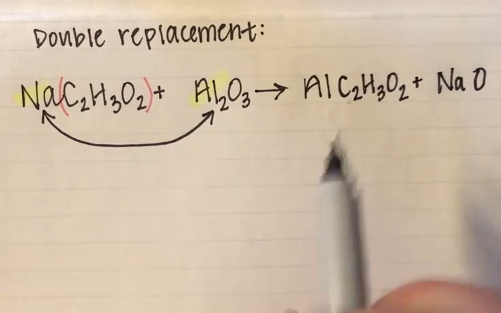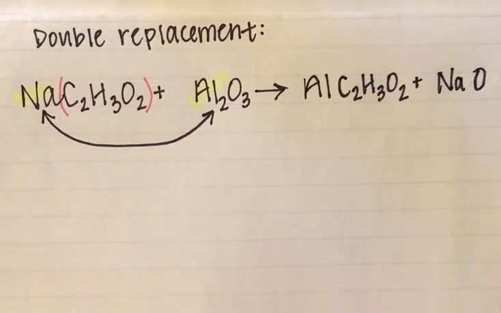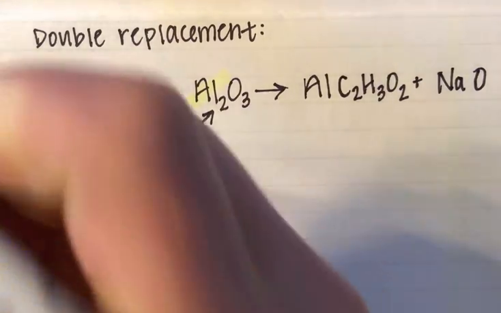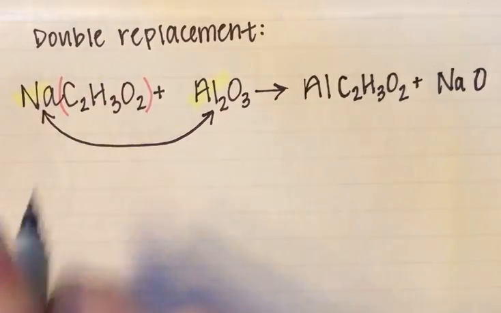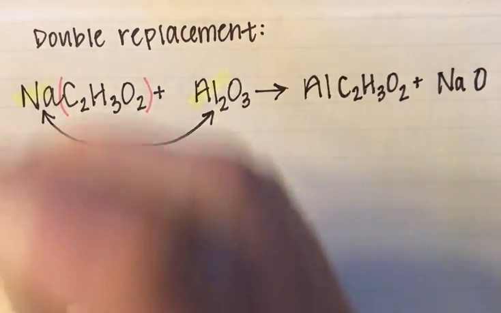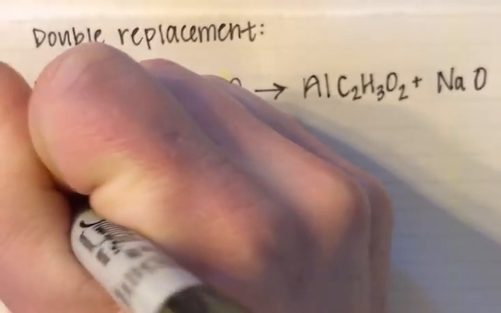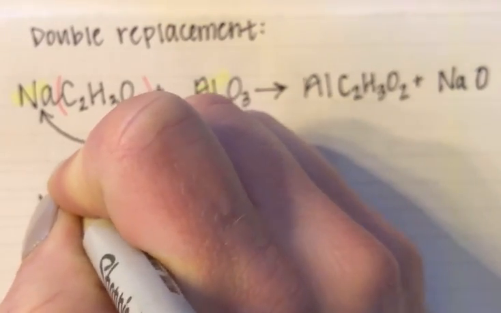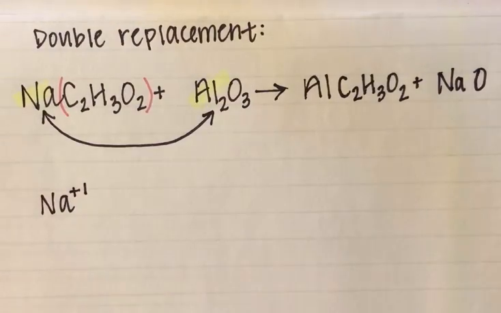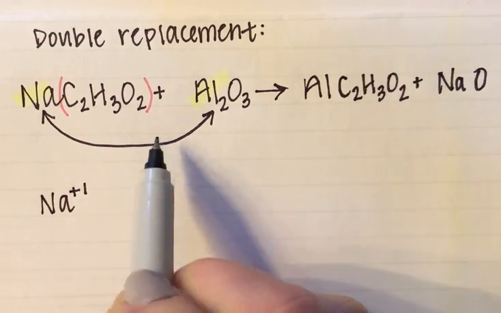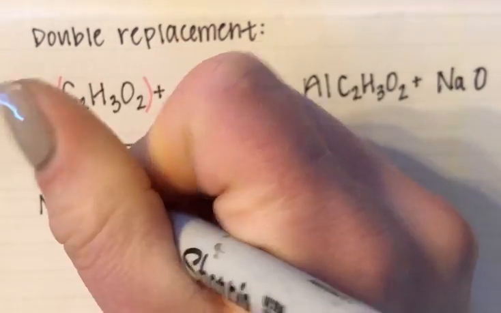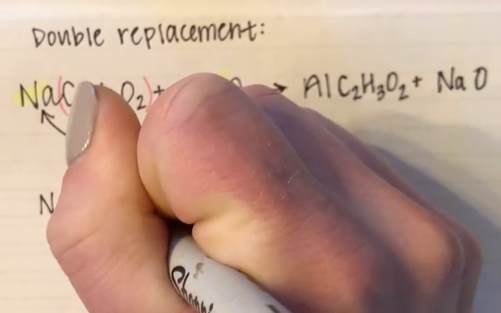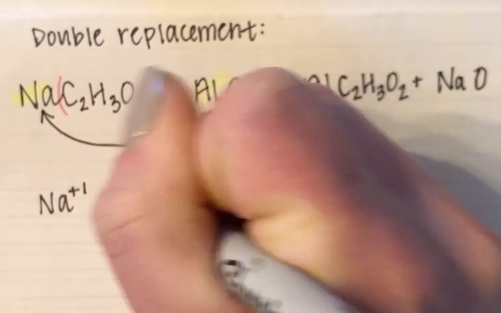So we need to make sure that these are proper compounds. So if we look back at sodium and acetate, when we look at sodium on our periodic table, we should note that it's in the first column, which we've said has a +1 charge. That means that this entire acetate must have a -1 charge.